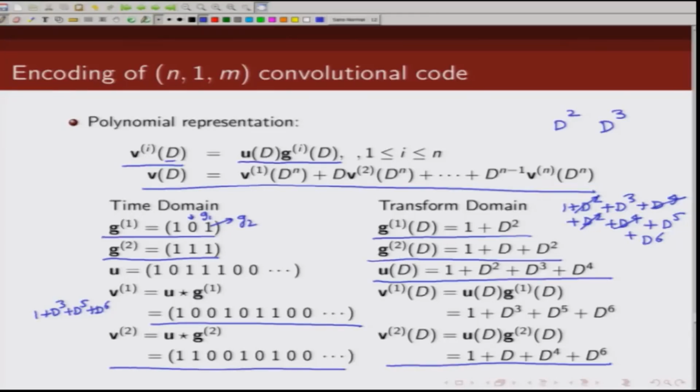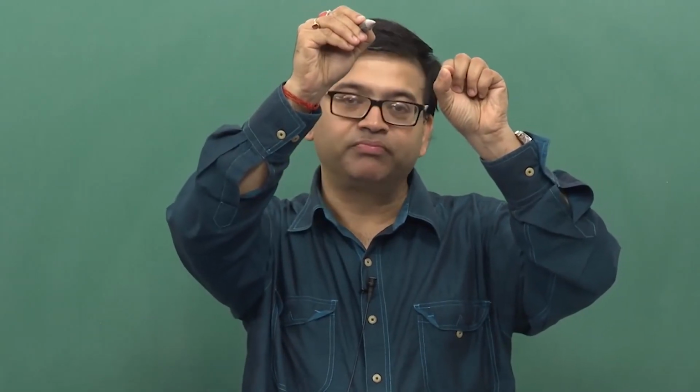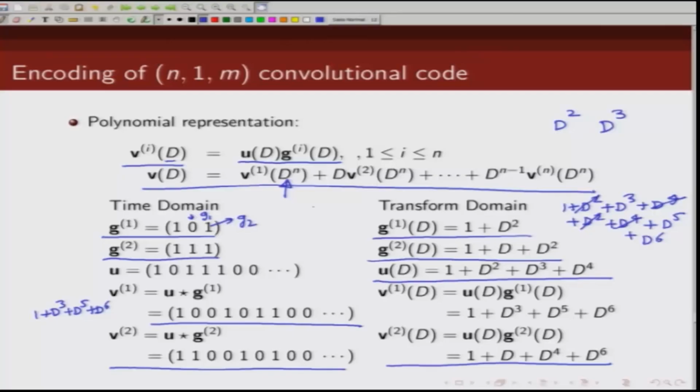Now I can combine these n outputs in this particular fashion. I take the first output, and note that I have made it D to the power n, because if it is a rate 1 by n code, the first output will appear after every n bits. The first bit is from the first coded sequence, then after n bits it will again repeat. So that is why I have made it D^n.